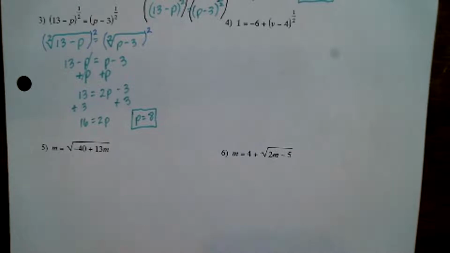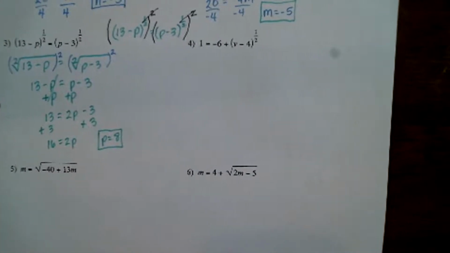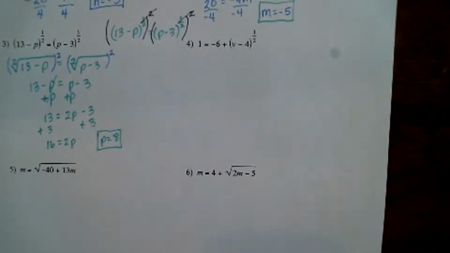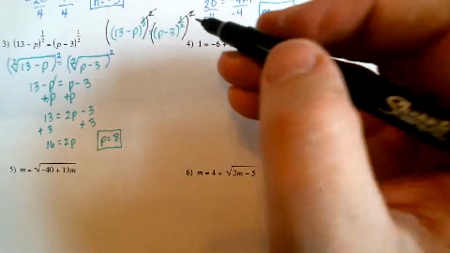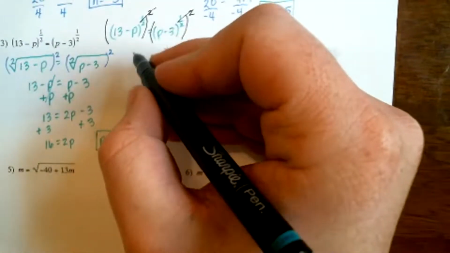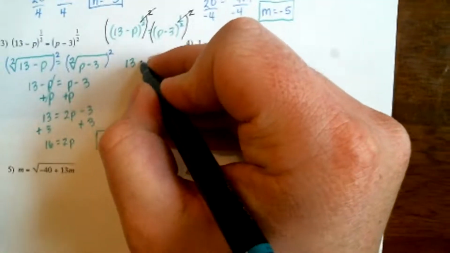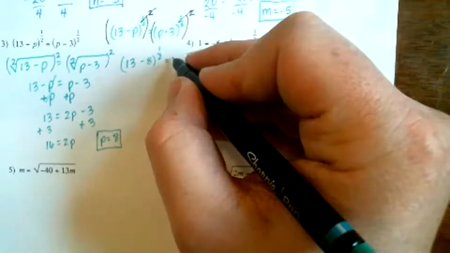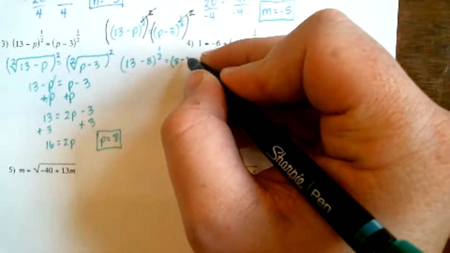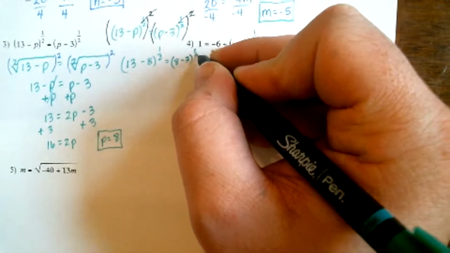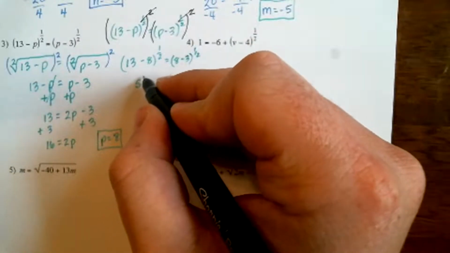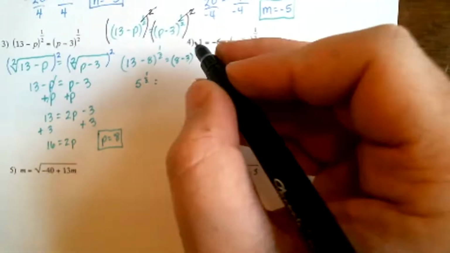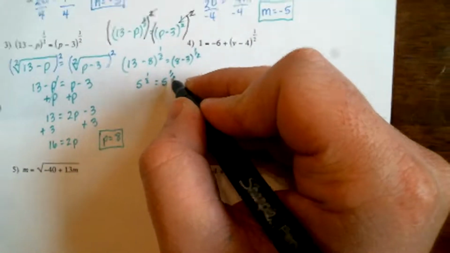All right, jumping over here to number 4. 1 equals -6 plus the quantity of v minus 4 raised to the 1/2. Oh, yeah, good call. Check for extraneous. So 13 minus 8 to the 1/2 is equal to 8 minus 3 to the 1/2. That would be 5 to the 1/2 is equal to 5 to the 1/2. So we're good there.